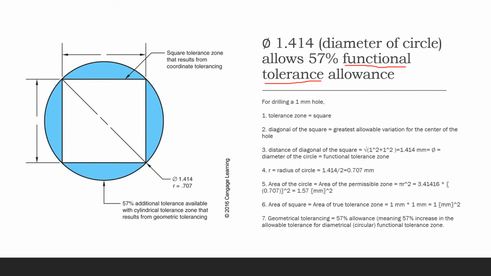Here too, functional tolerance. The zone is actually equal to the diameter of the circle, which is the distance of the diagonal of that square, which is this right here.